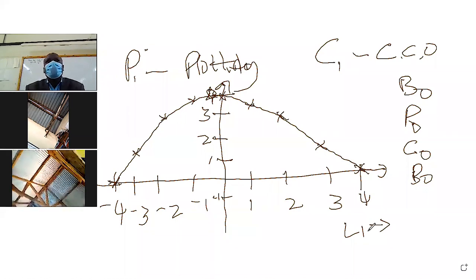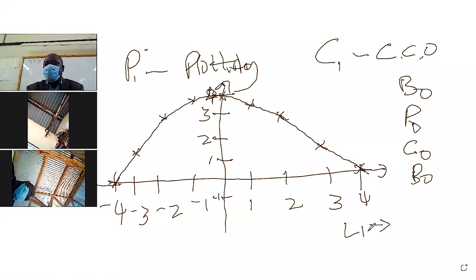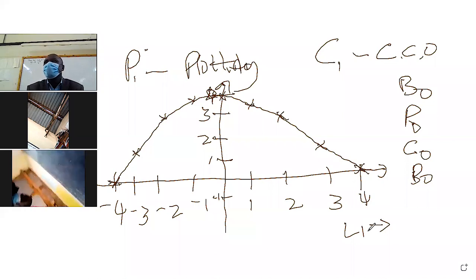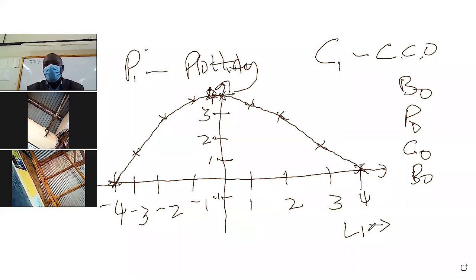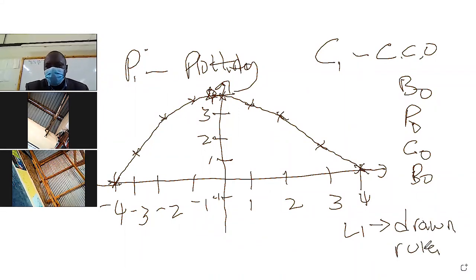But you are encouraged to add another point just for confirmation. You've got 3 points. 2 points are enough to draw a line, but we need a third point just for confirmation. And then a line must always be drawn with what? Must always be drawn with a ruler. Always. A curve should be drawn with free hand and is supposed to be smooth.